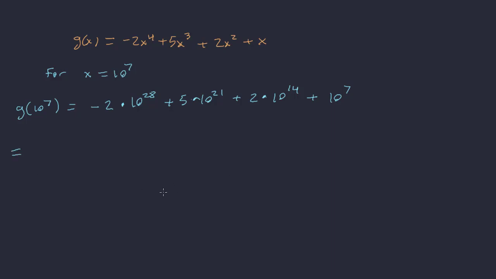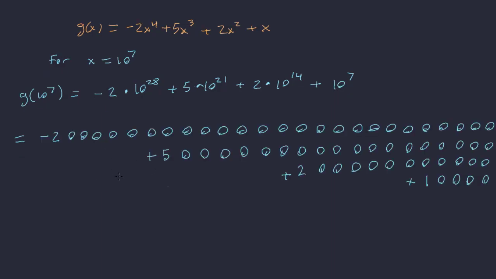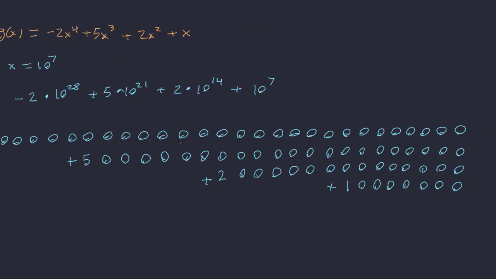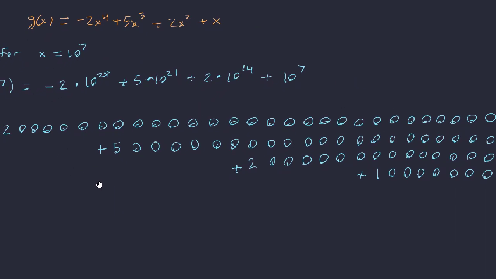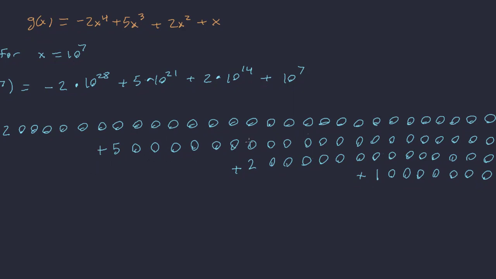So when it's all said and done, when we plug in 10 to the 7th, we get this number here. Negative 2 times 10 to the 28 is this huge number, which goes right off the screen. Then we add this number and this number. These will affect it, but not by much.